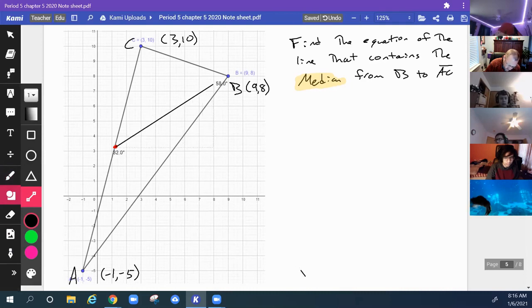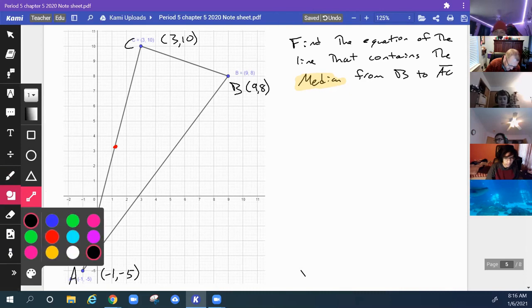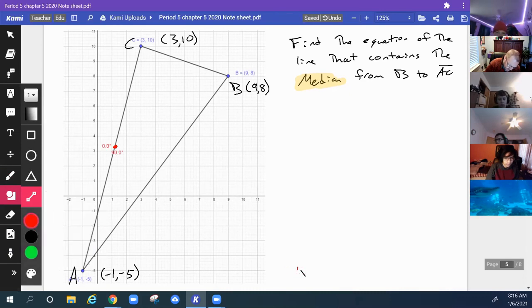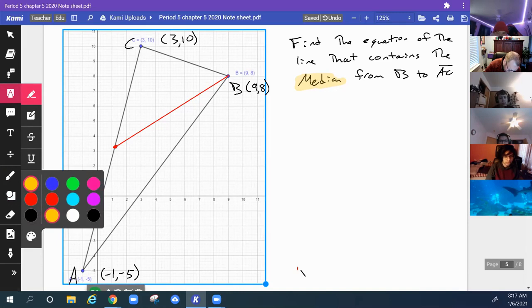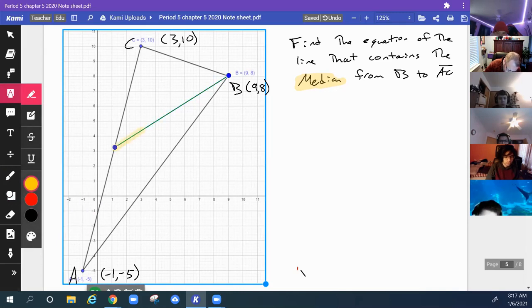Actually, I'm going to switch the color on that. Let's go red. So I'm going to go right here. That's what I want to find, the equation of that median. Just to see it, we're going to highlight that thing. So that is what I'm finding, that median.